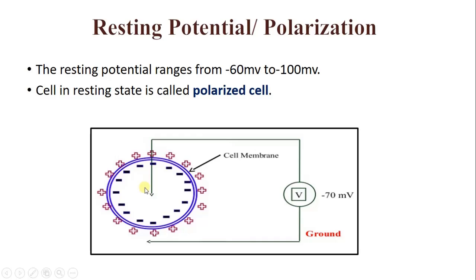So if we measure from inside with respect to outside of the cell, this potential will be negative, and that is nothing but your resting potential. And this process is called polarization of the cell. The cell in the resting state is called a polarized cell. The resting potential ranges from minus 60 millivolts to minus 100 millivolts. So this is the typical range of resting potential.